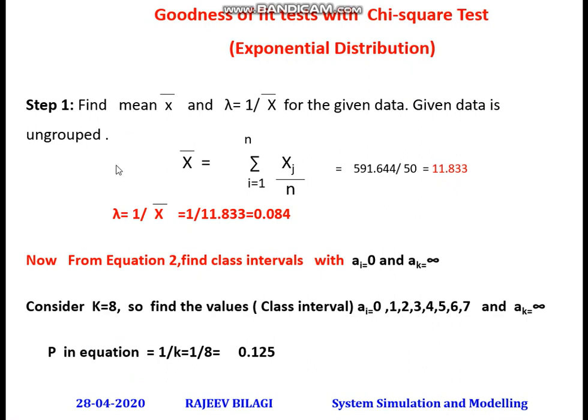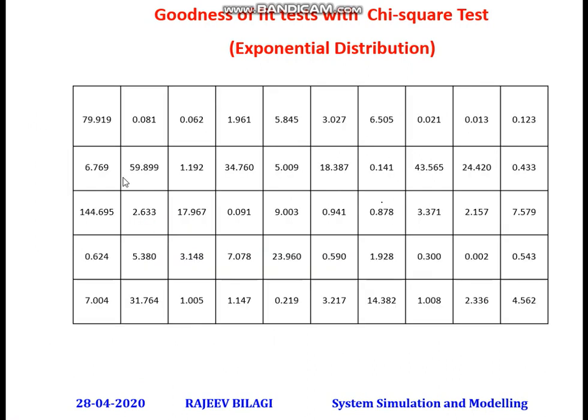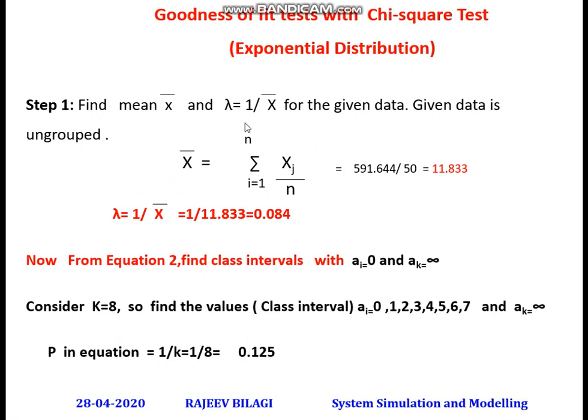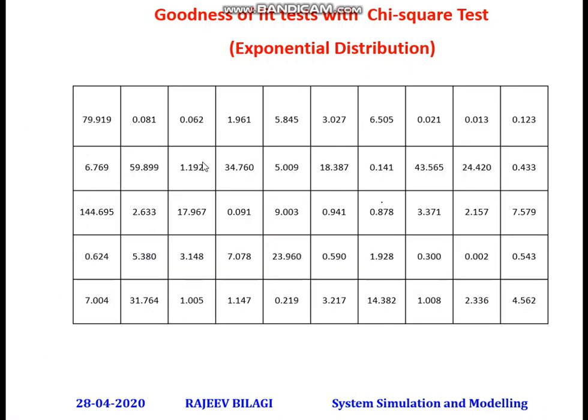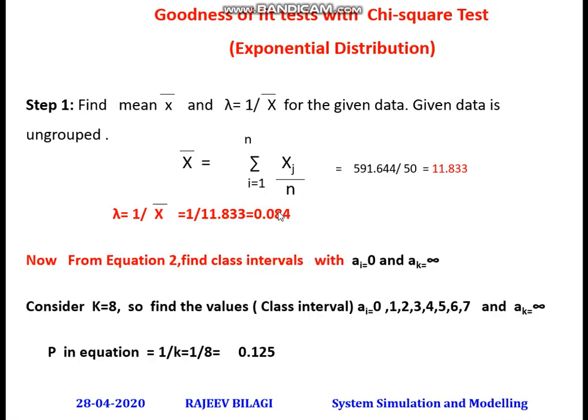The first step is always to find the value of lambda. For the exponential distribution, lambda is equal to 1 by x bar. Now we need to find the value of x bar. All this data is ungrouped, so for the parameter estimates, we know how to find x bar for ungrouped data: x bar is equal to the sum of x_j from j equal to 1 to n, divided by n.